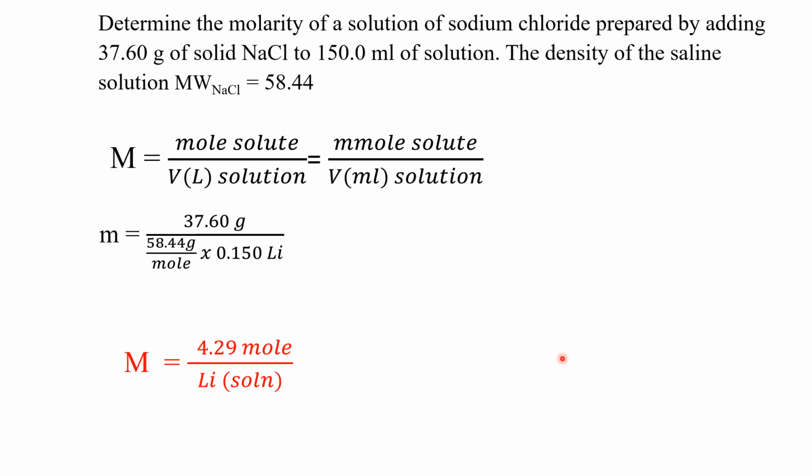We multiply by milligram per gram, converting gram to milligram. One gram is 1,000 milligrams, so multiplying by 1,000 milligram per gram gets rid of the gram unit.